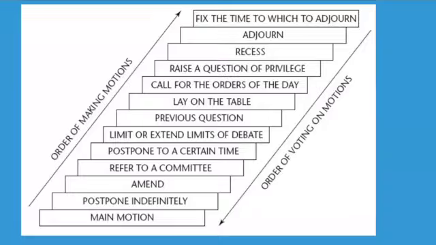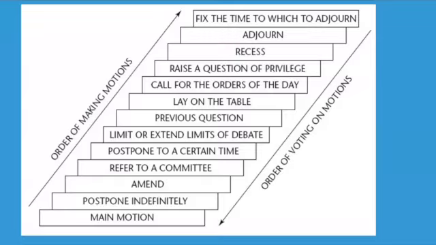So the order of making motions, you have to make a main motion before you can postpone, amend, refer. But in voting, there are higher ranking motions that you have to take care of. So you have to take care of the motion to recess before you take care of a main motion.